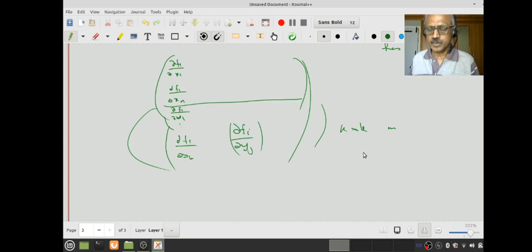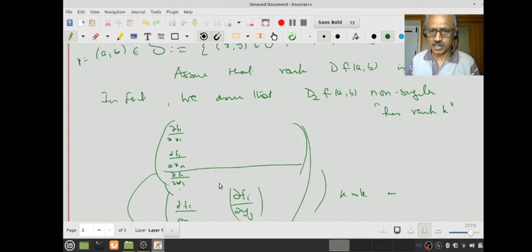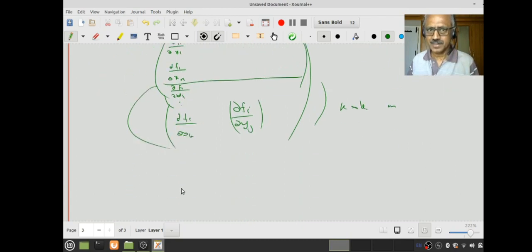If you remember your matrix rank definition, these k rows are linearly independent. Therefore, the column rank must be the same. That means the set of columns is linearly independent. Are you clear? Do you follow what I'm saying? Linear algebra must be very strong.